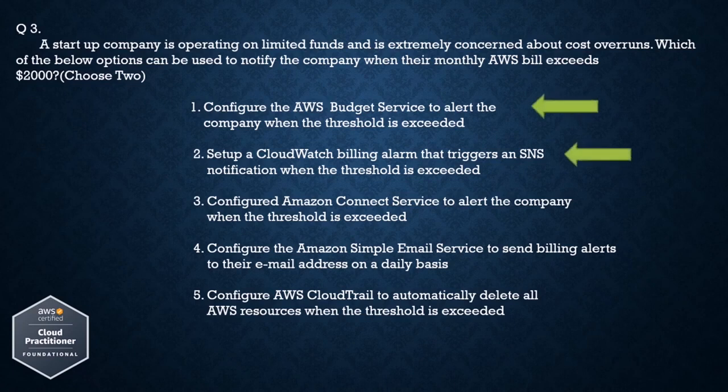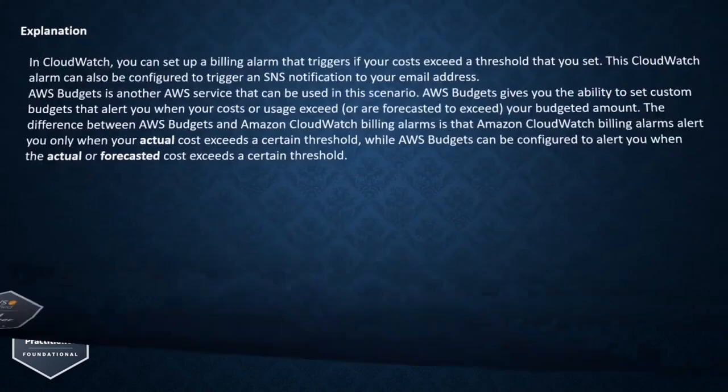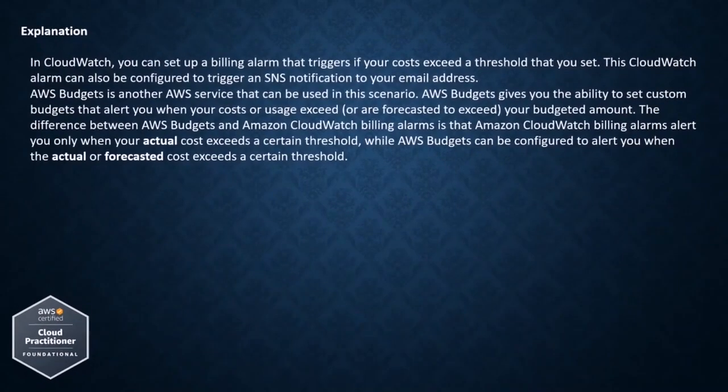The correct answers are, configure the AWS budget service to alert the company when the threshold is exceeded, and set up a CloudWatch billing alarm that triggers an SNS notification when the threshold is exceeded. Explanation. In CloudWatch, you can set up a billing alarm that triggers if your costs exceed a threshold that you set. This CloudWatch alarm can also be configured to trigger an SNS notification to your email address.